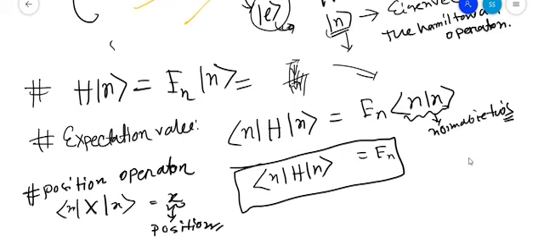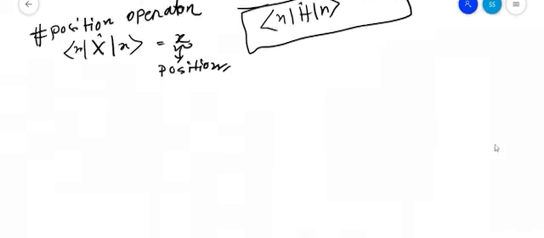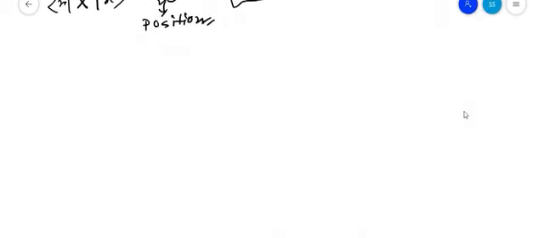The position is just the expectation value of this position operator, denoted by capital X, or you can also give some hats if you like. That's why these eigenstates and eigenvalues of an operator are really important. Now let's take another example, and this will probably be the final example for today.